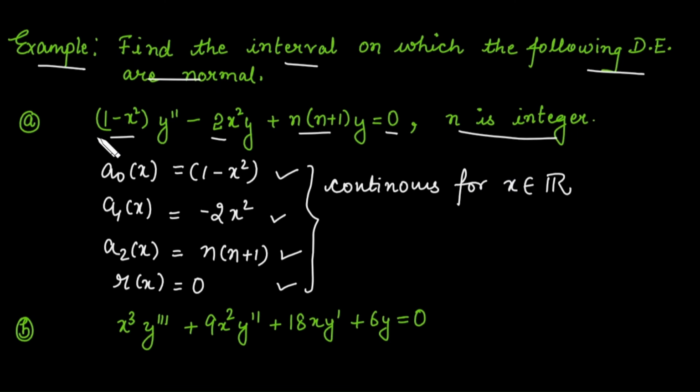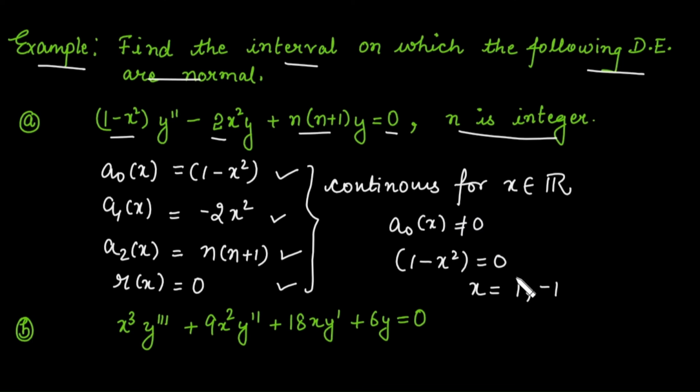Now, the second condition is a0(x) is not equal to 0 for any value of x. So for that, check when 1 minus x squared is 0. So 1 minus x squared is 0 when x is equal to 1 and minus 1. So for these two values we are getting 0, but we need it not equal to 0.